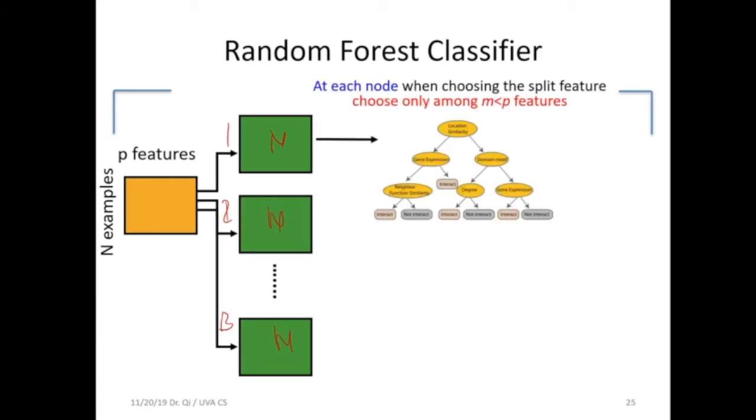What's different now is that when I'm trying to do the splitting, rather than considering all the P features, I get a random subset of M features out of the P. I only pick splitting features from that M subset. For each split, you perform a feature subsampling, and then you pick the best among that M.